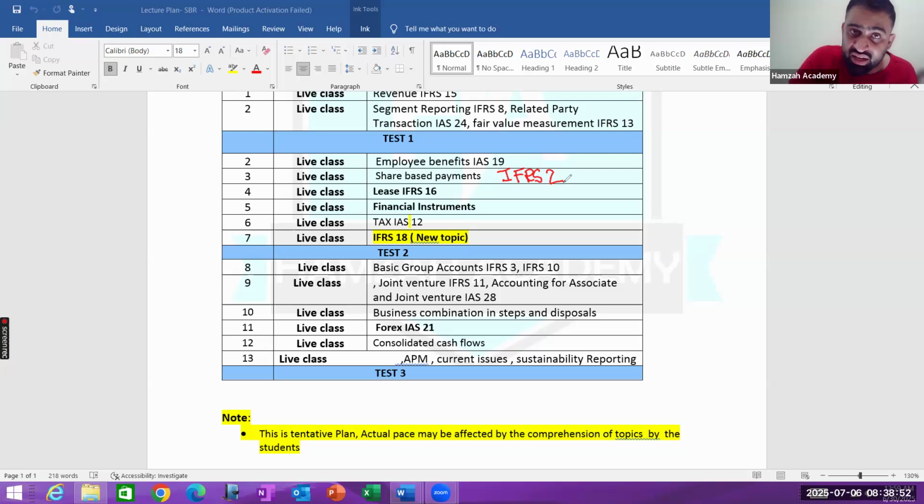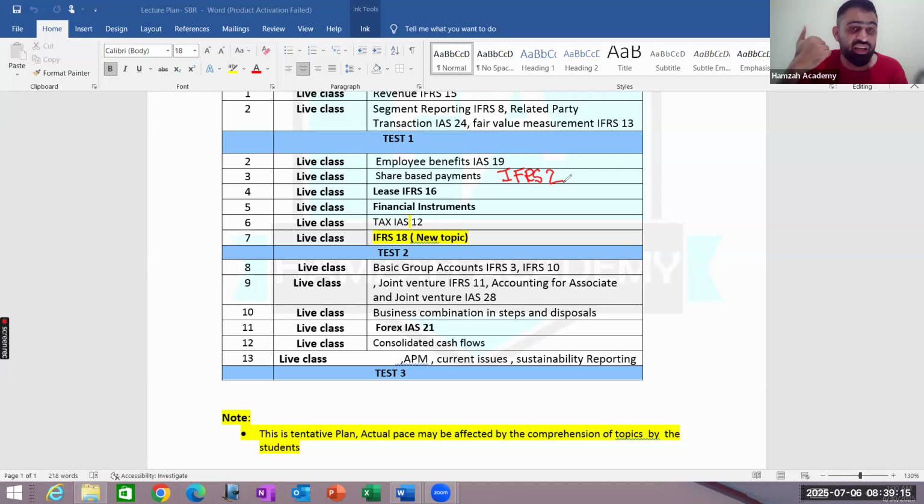And if the supplier accepts that offer, and I think the supplier will, because we are talking about a multi-billion dollar company whose operations are across the globe, that payment will be known as a share-based payment, IFRS 2.